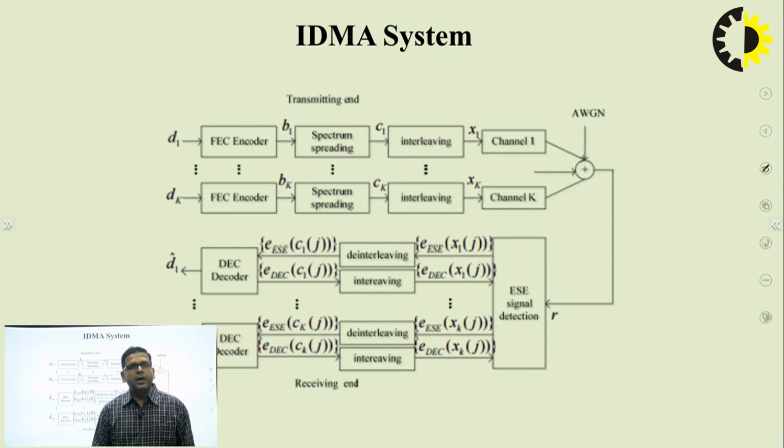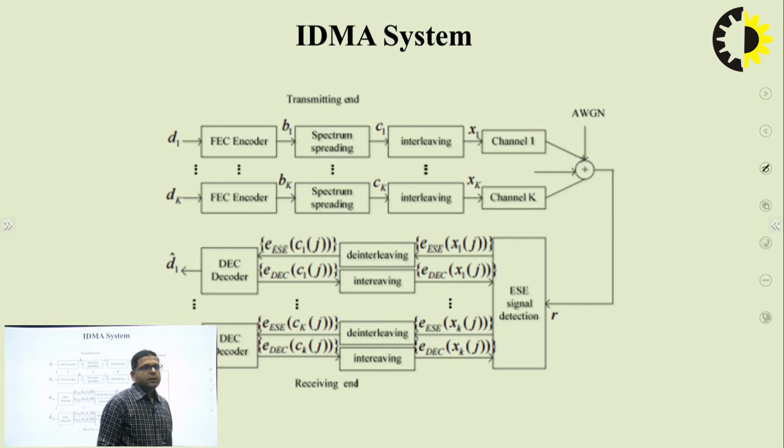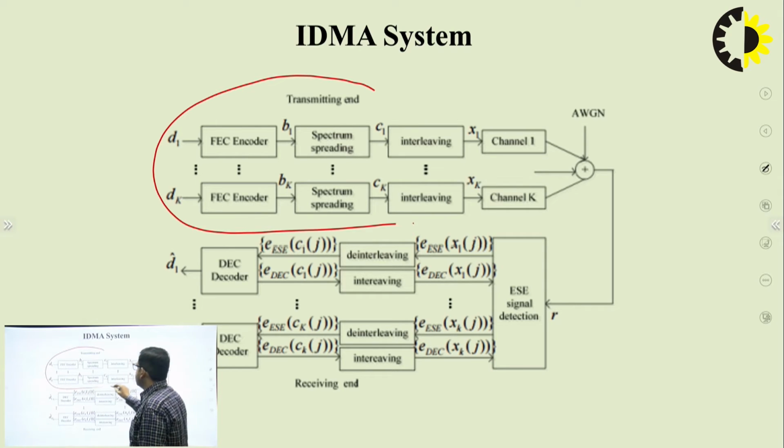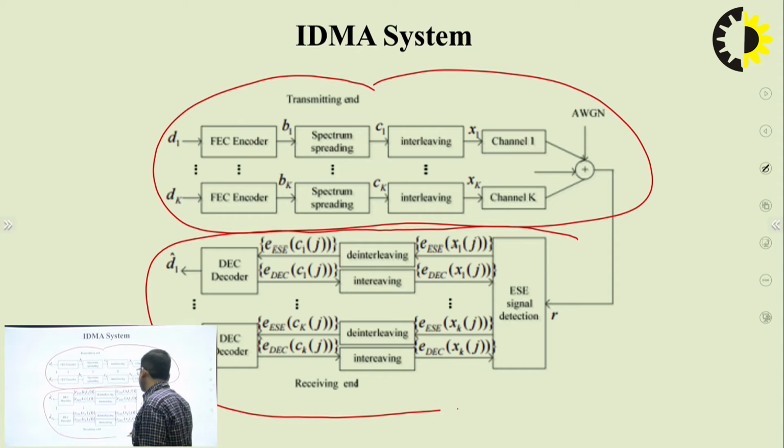This is the block diagram of the interleave division multiple access technique, where D1, D2, Dk represent the different symbols. The transmitter portion is the upper one, and the receiver portion is provided in the lower part of this figure.